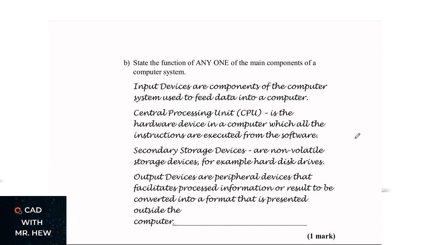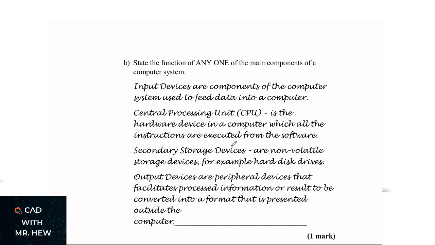Okay. Question D. State the function of any one of the main components of a computer system. Input devices are components of the computer system used to feed data into the computer. Central Processing Unit (CPU) is the hardware device in a computer in which all the instructions from the software are executed.